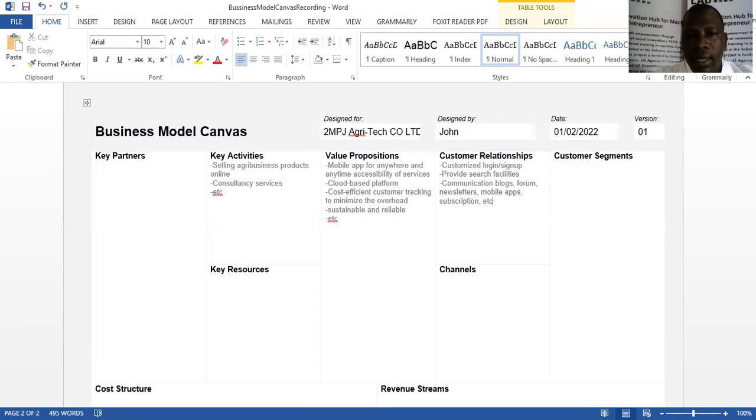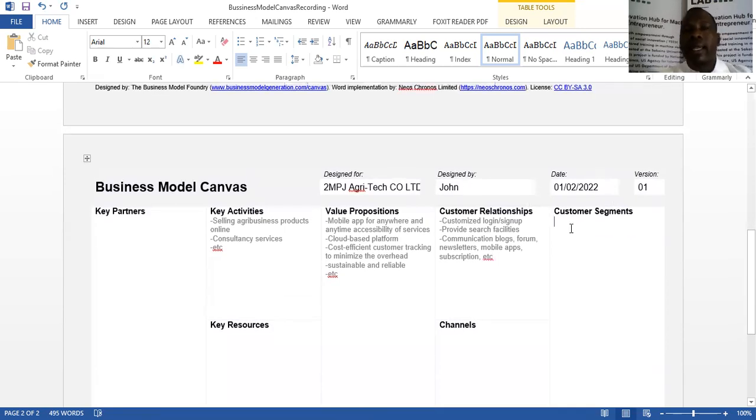Then this also will show the customer relationship, and there are many ways, so it depends on the choice. Also, another thing is the customer segmentation.